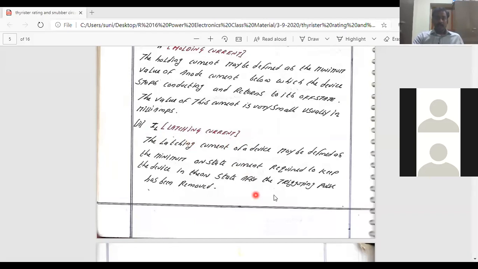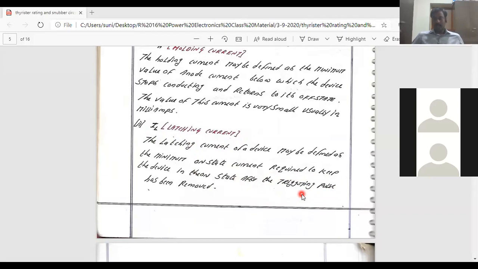Okay, so why are we stating this removal of the gate pulse? It is due to the uncertainty in the power circuit, that means you may have voltage fluctuations and current fluctuations.